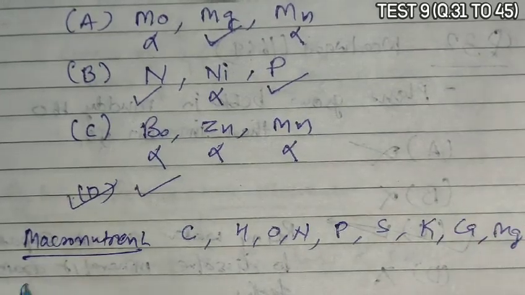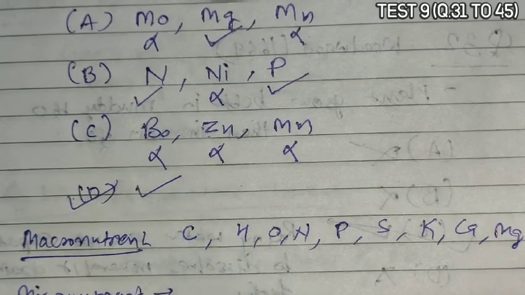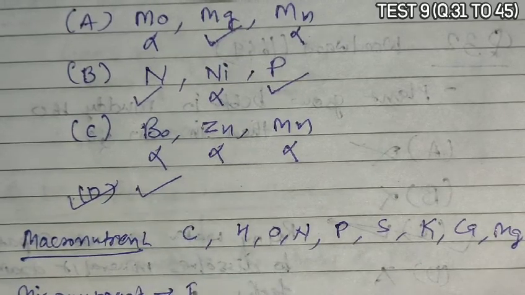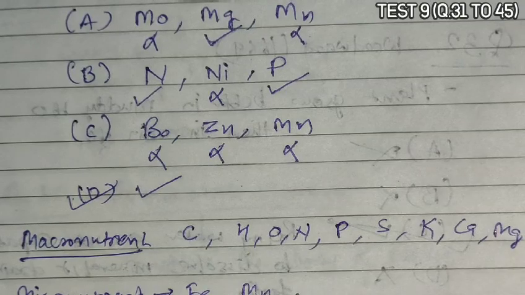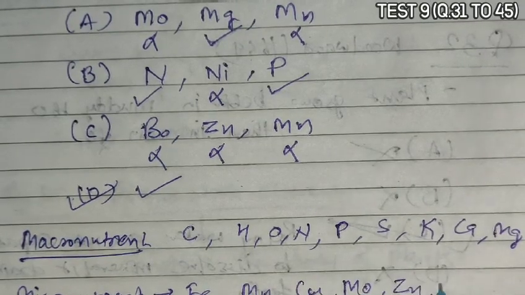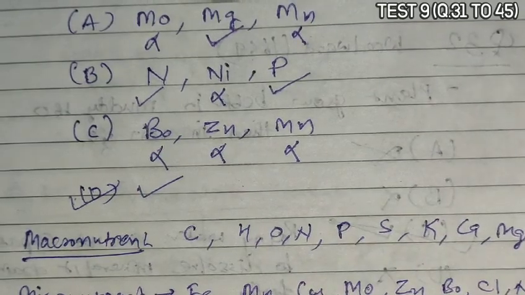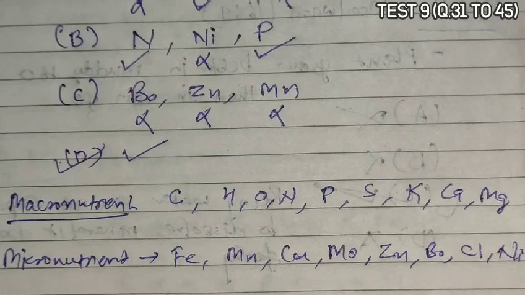These are macronutrients. Micronutrients are iron, manganese, copper, molybdenum, zinc, boron, chlorine and nickel. So according to this, D is the correct answer.